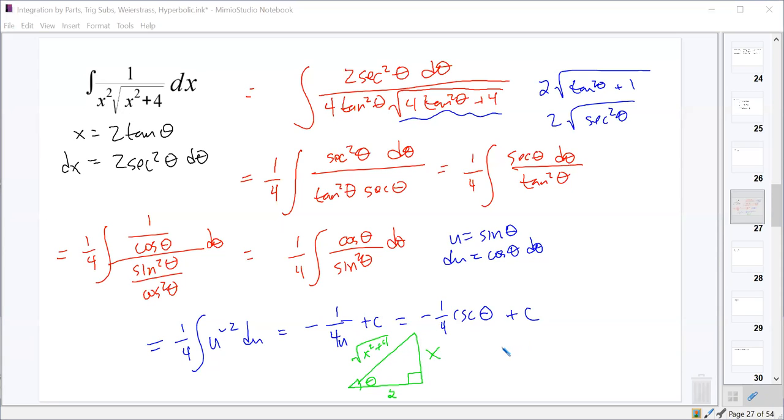So we end up with negative root x squared plus 4 over 4 times x plus our constant. Everybody okay with that or no? Okay, I'm waiting.